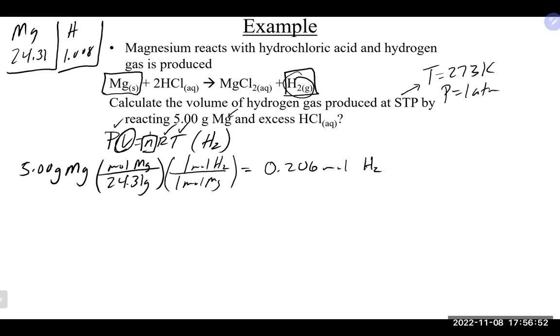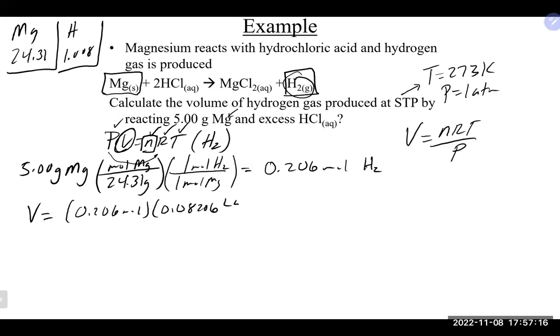We now have solved for really hydrogen. So if we wanted to use the ideal gas law, we could. Once again, here we would be solving for volume, which would be nRT over P, bringing P to the other side, dividing. Putting in our numbers here, we would get 0.206 moles, our R, 0.08206 liters atmosphere per Kelvin mole, our temperature, which is 273 Kelvin, all divided by our pressure of 1 atmosphere.